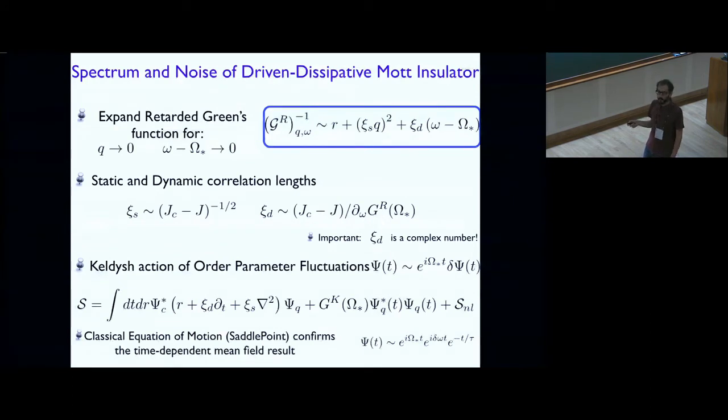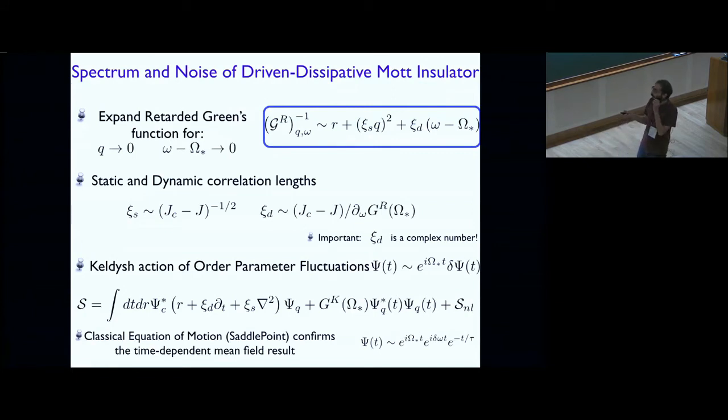There is a static correlation length, but most importantly, there is a dynamical correlation length. And this dynamical correlation length is a complex number with a real and imaginary part, which means essentially that there is a critical relaxation time and a frequency going soft.